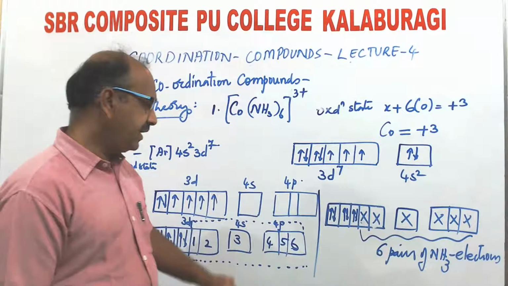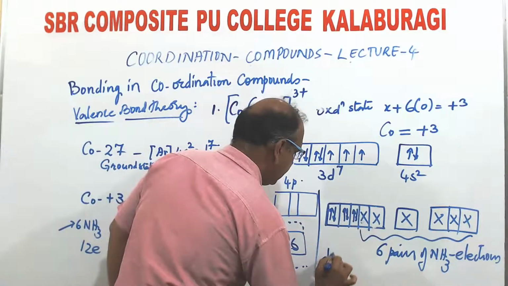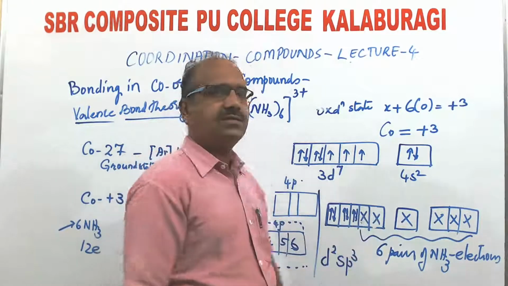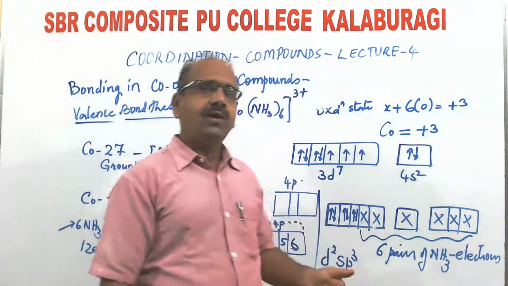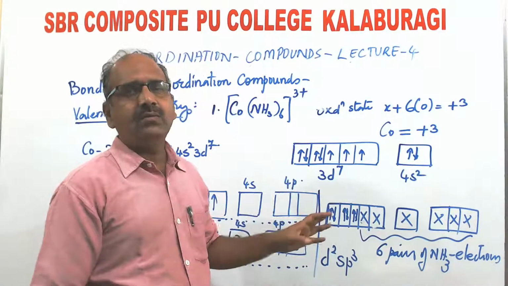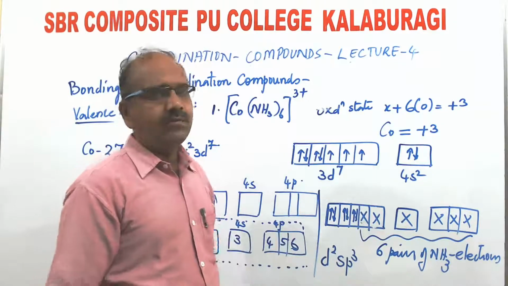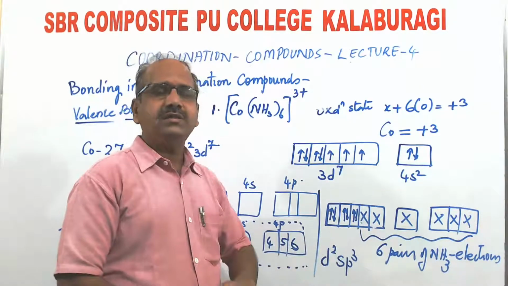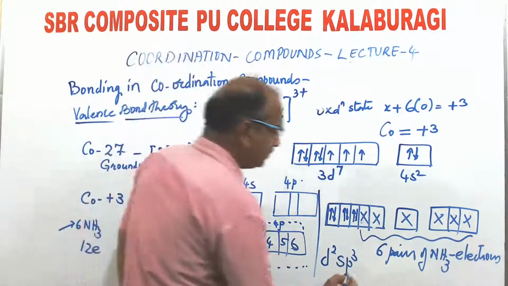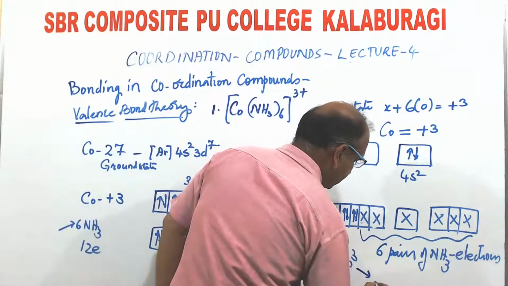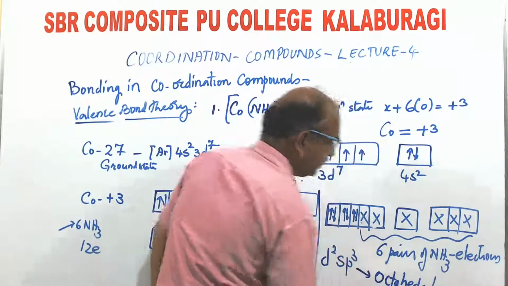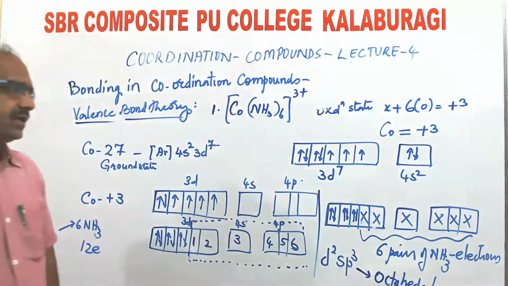And what is the hybridization? It is d2sp3. So 2 orbitals of the 3d, 1 orbital of the s, and 3 orbitals of the p are involved in the hybridization and later the bond formation. Since it is d2sp3, as you have learnt in the chemical bonding lesson in the first year, this gives rise to an octahedral structure.